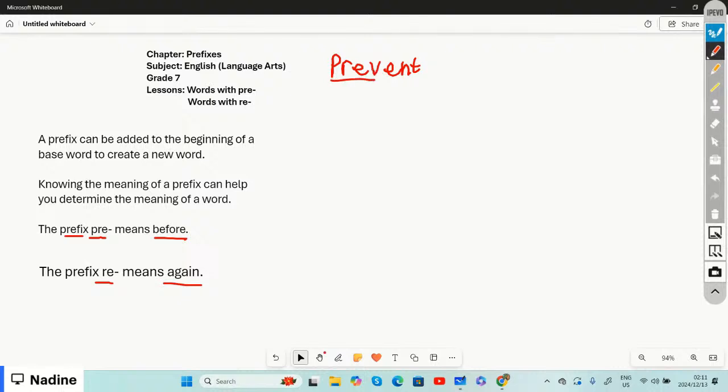It's like you should stop doing something before something happens. That's prevent.